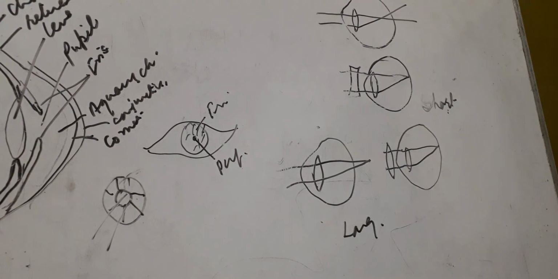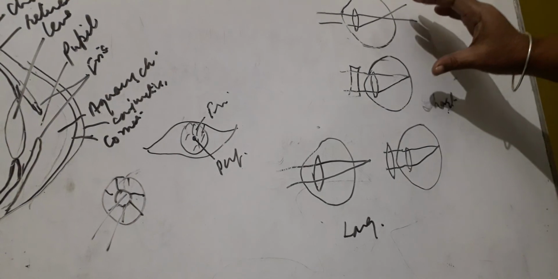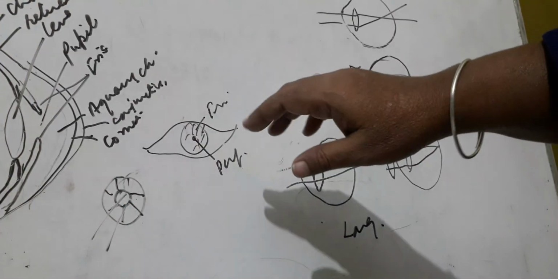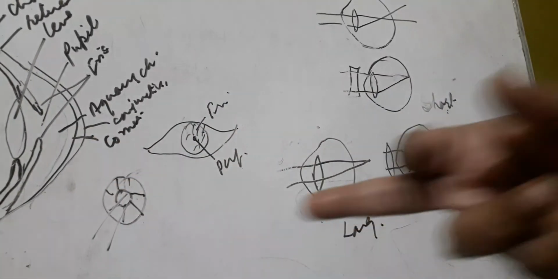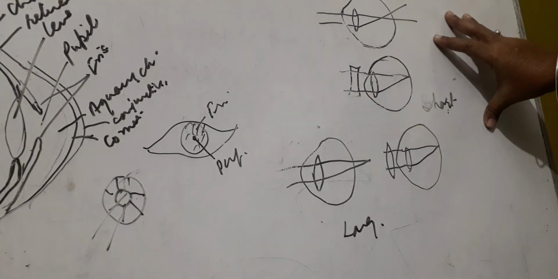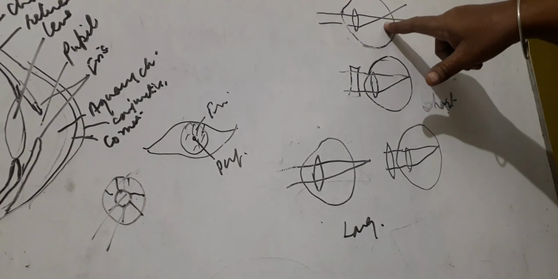There are two possible reasons: the eyeball is lengthened from front to back, and the lens is too curved. So the image will be formed before the retina.